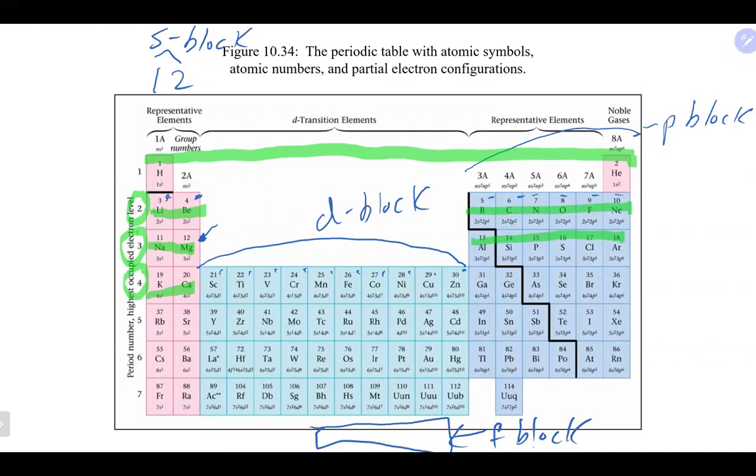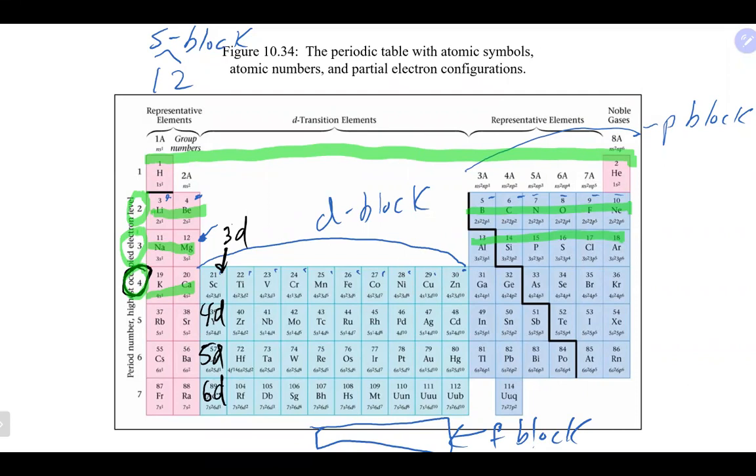D orbitals start on the 3rd energy level. And this one right here, even though it's on the 4th level on the periodic table, is actually 3d. This one would be 4d. This one would be 5d, and this one would be 6d. So that's the difference you've got to watch out for.